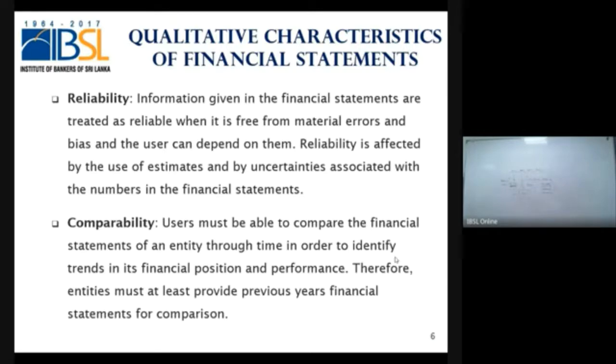Say for example, what the company did in 2020 and how much is the profit against the profit that they have earned in 2019. So that is one sort of a comparison. The second type of comparison is where you compare your this year performance along with the performance of other companies.